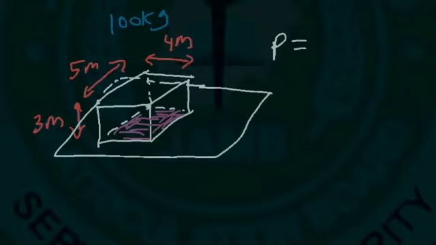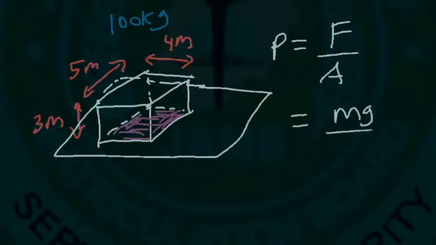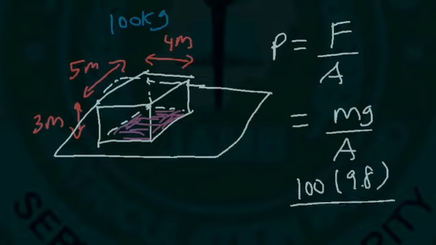So we know that pressure is force divided by area. And the force exerted on the table in the purple shaded region is basically the weight of the box, which is mg. So the mass of the box is 100, the gravitational acceleration is 9.8, and the area of the bottom surface is basically the length times the width.